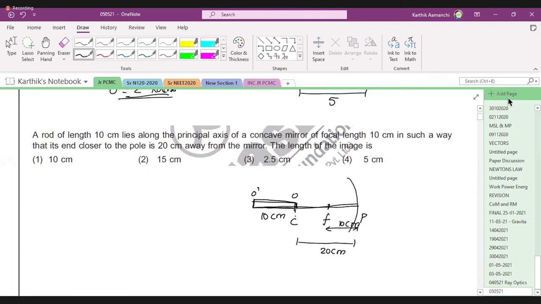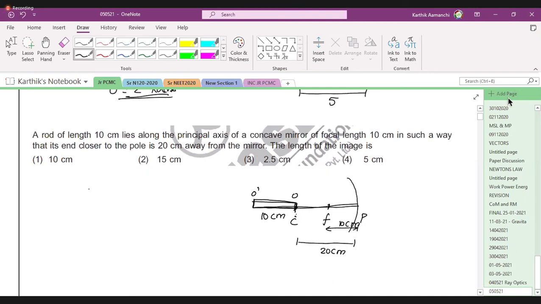Anything on the center of curvature will exactly again come on the center of curvature, isn't it? This is beyond the center of curvature, so it will come forward. So it will be something like this, isn't it?